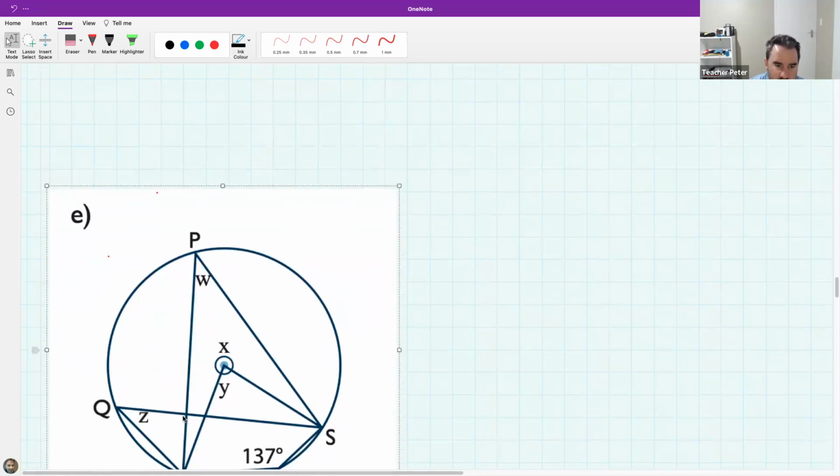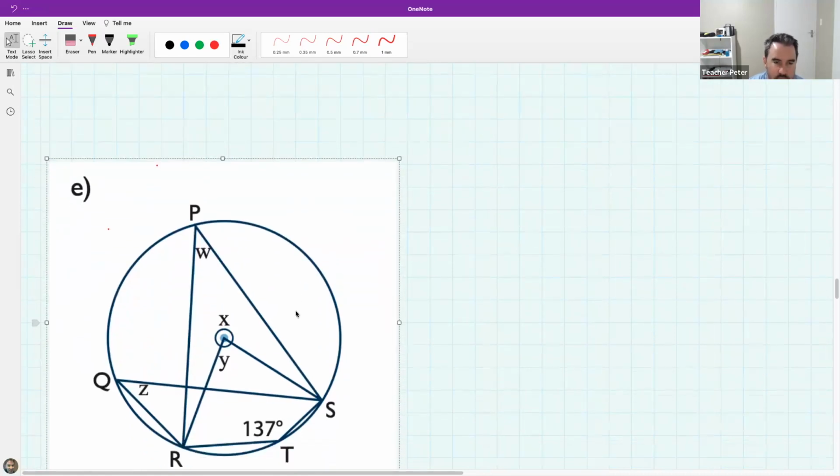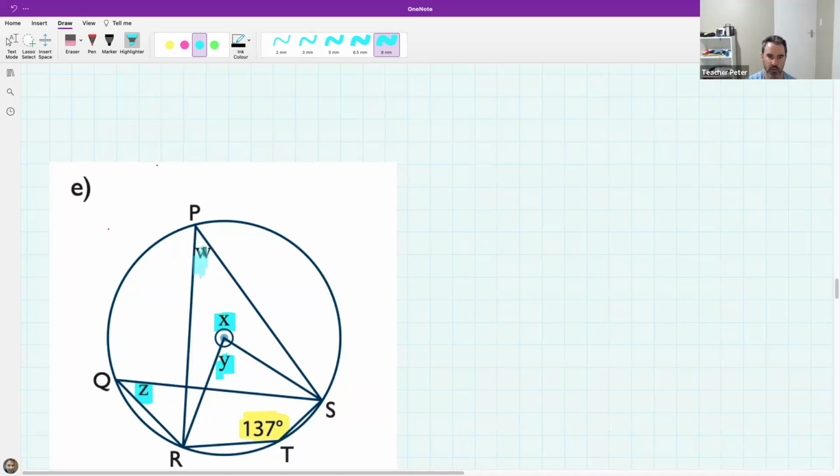There are other theorems that come to mind. It's a lovely question. Okay, I want us to do this as a team. So the only angle that we've got is 137. Which would be the first angle you would find out of the ones that we need to get, which are Z, X, Y, and W? Which one would you go for first?